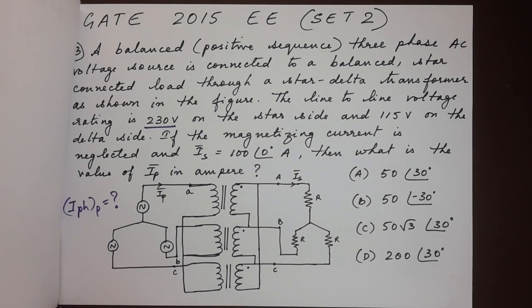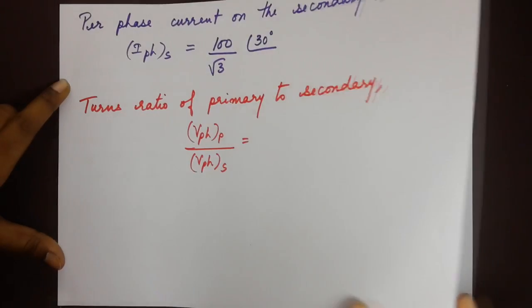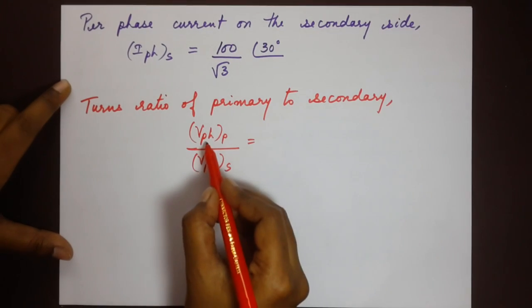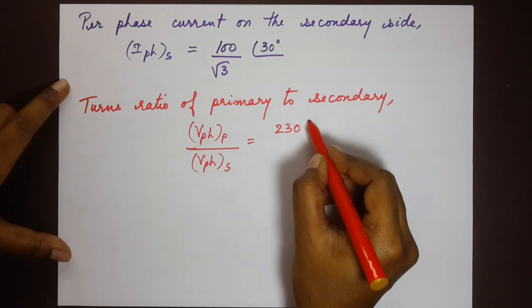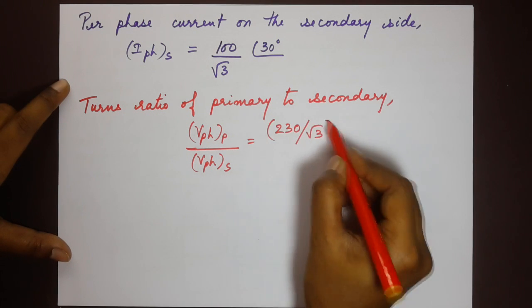The line to line voltage rating is 230 volts on the star side. Now when we are writing it in terms of phase, that star side 230 becomes 230 by root 3.